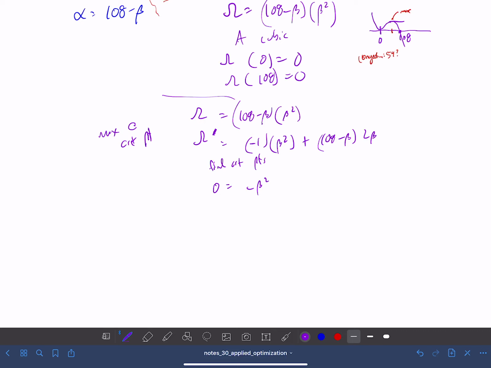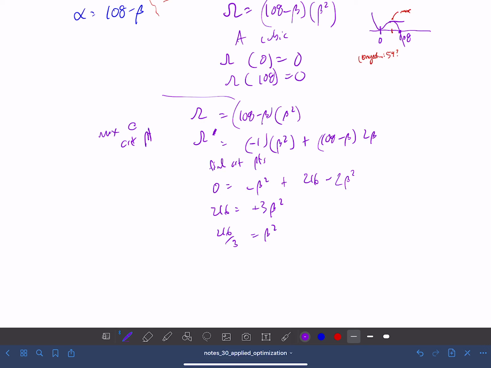All right, I still believe that one. But the next one is going to be plus 108 is 216. There we go. Minus 2 beta squared. And 216 over 3.